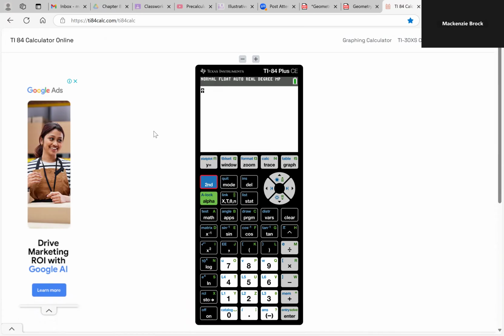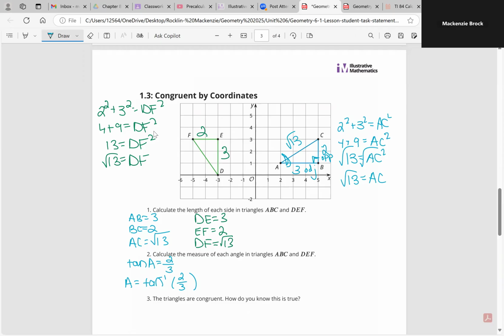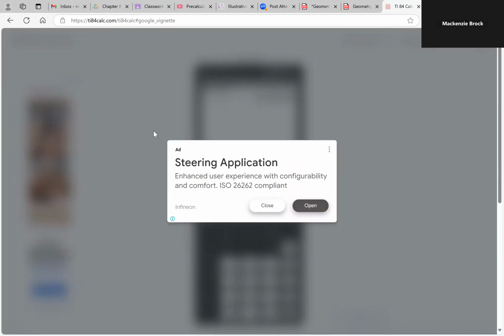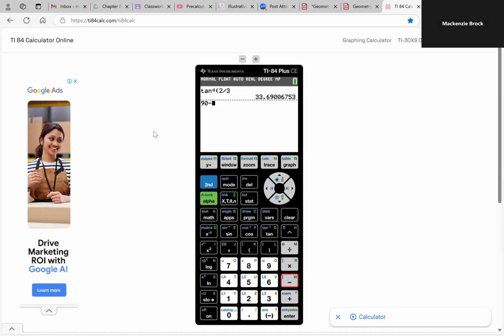Inverse tangent of 2/3, and I get, let's round that to 34. So this is going to be 34 degrees. And then angle C will just be 90 minus 34 degrees. And you get 56.